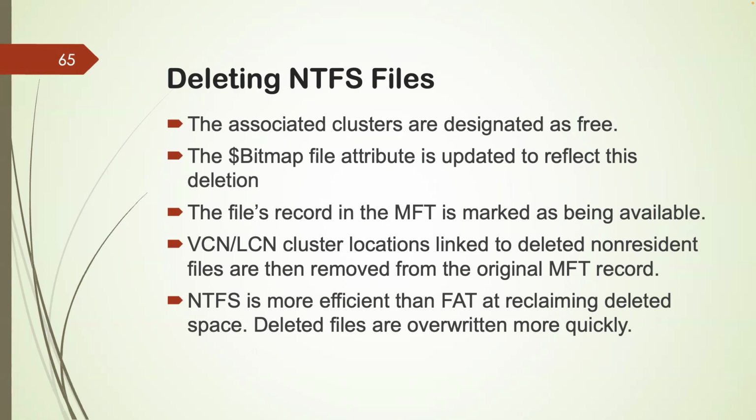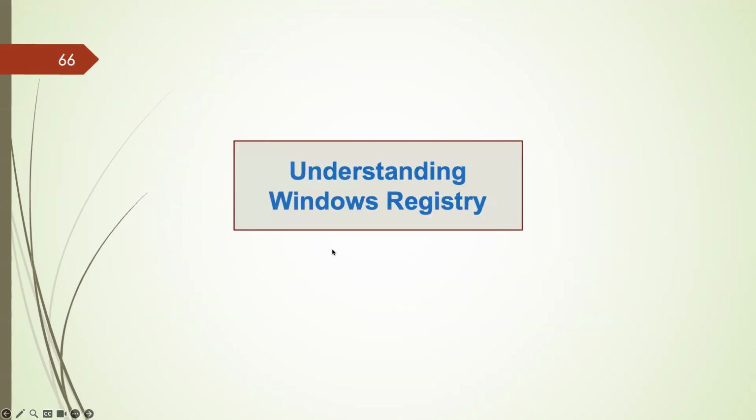Then the bitmap, which contains the information of the clusters that were associated with the file that you just deleted, has its values changed. If they were marked as occupied before deleting, now they will become available again, but the individual data of that particular file will still remain in those clusters unless it is overwritten or unless defragmentation happens. So this is the mechanism to delete them.